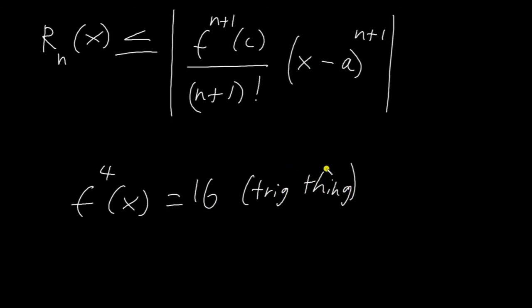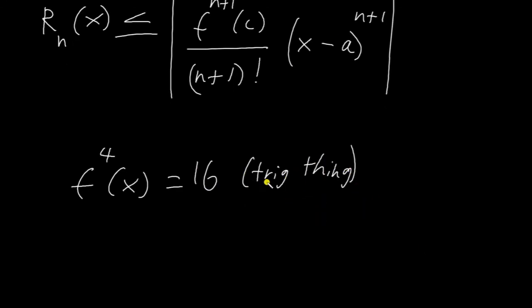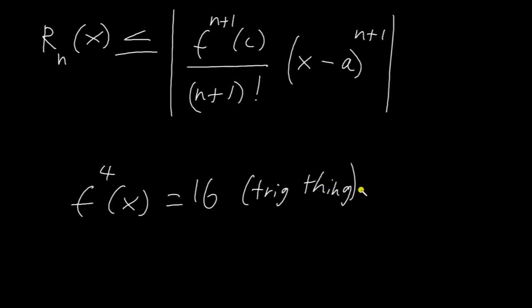Whenever you're dealing with these trig things, the maximum value is always 1. For sine and cosine, the maximum they can be is 1. So the maximum of the fourth derivative is 16 times 1, which is 16.